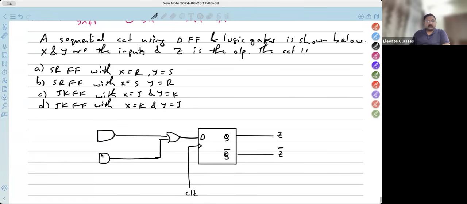The inputs to the logic gates are: this is an input X, this is an input Y. Next, Z is given as the other input to this logic gate.